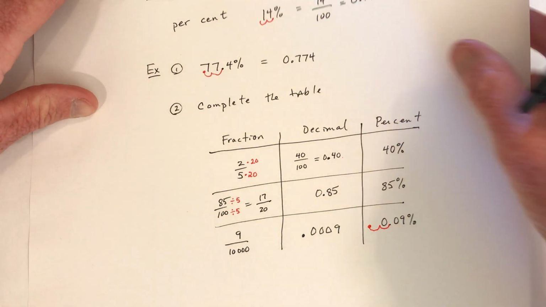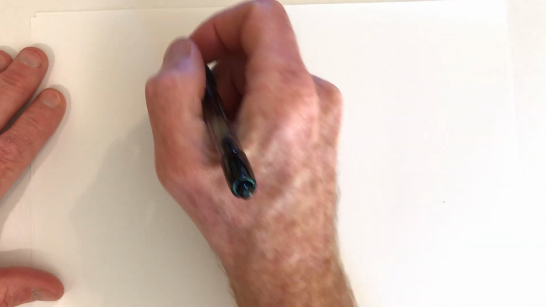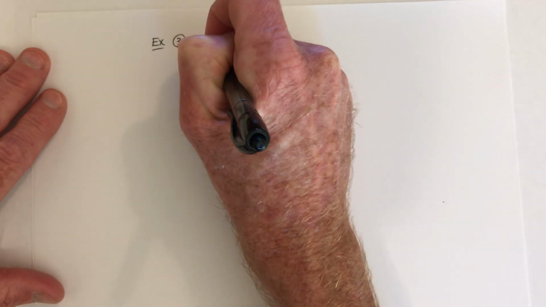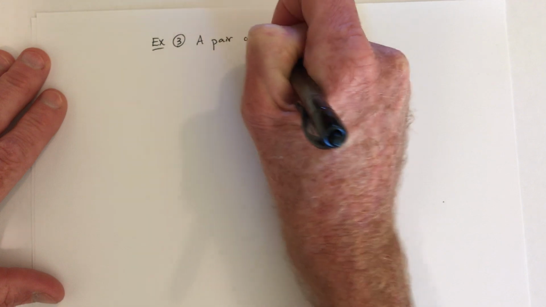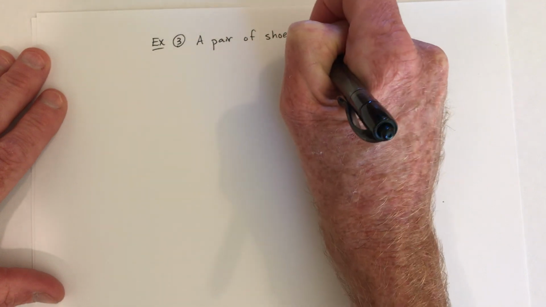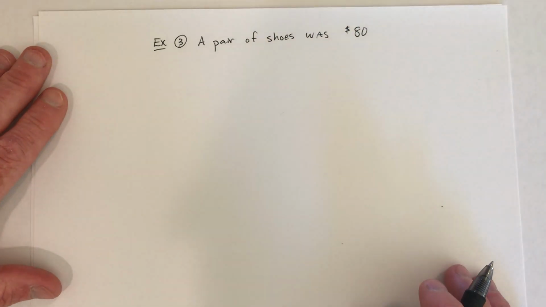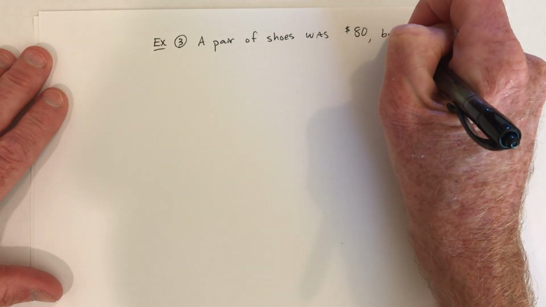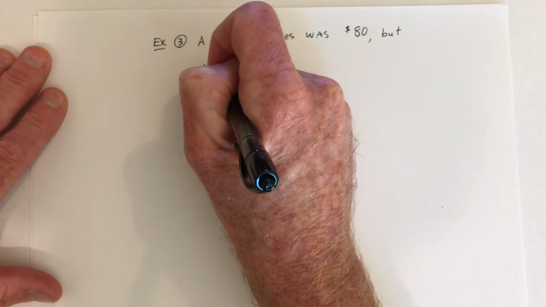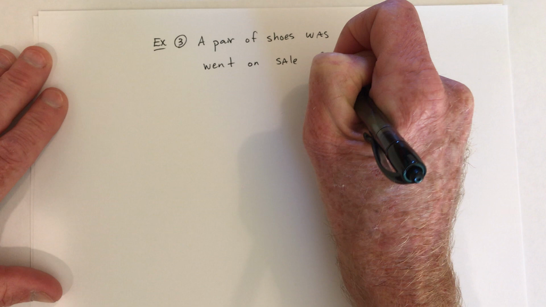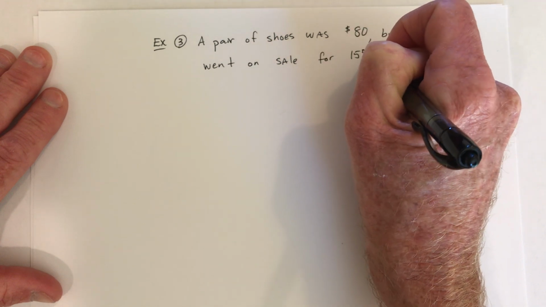Now for some actual examples in real life. So for example number 3, a pair of shoes was $80, but went on sale for 15% off.